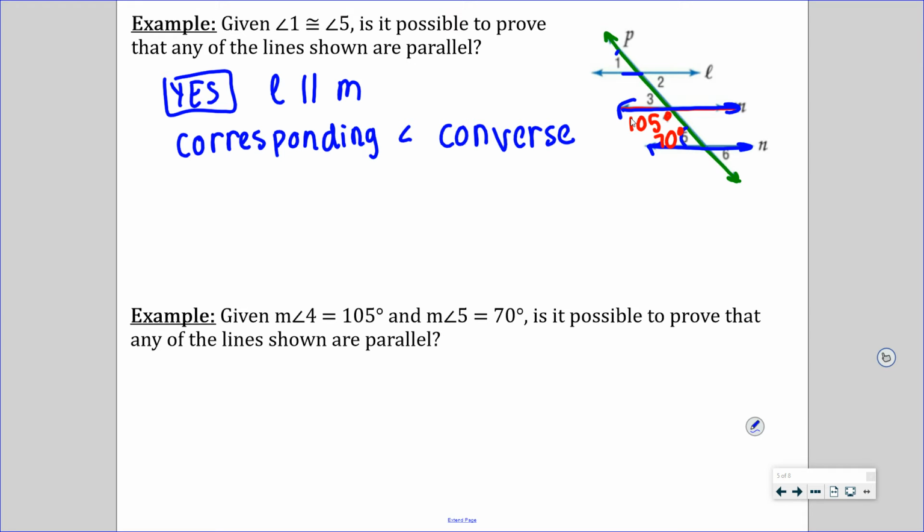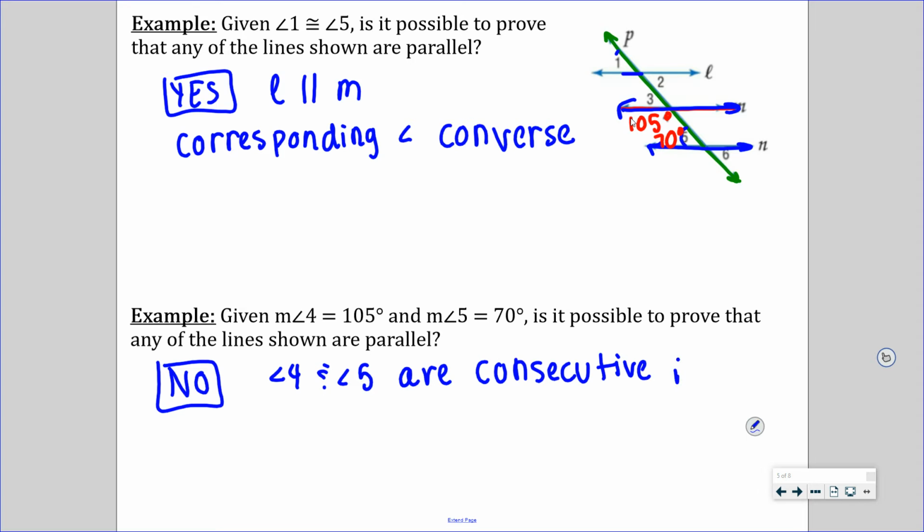Nice, Wyatt. Consecutive interior. Consecutive interiors have to have a total of how many degrees? 180. Do these total 180? 105 and 70? No. Close. No. Angle 4 and angle 5 are, just like Wyatt said, consecutive interior angles.